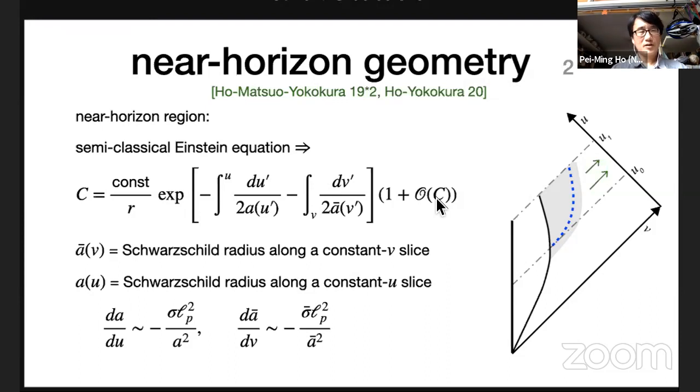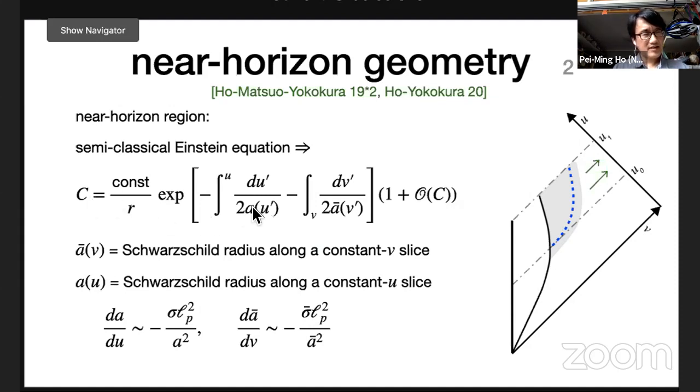So C will go to a tiny number, it could be much smaller than Planck length over Schwarzschild radius. It can be arbitrarily small for an arbitrarily large black hole. So it's a good approximation to expand quantities in powers of C. And here, this expression is actually very similar to the Schwarzschild expression for C in the near horizon region.